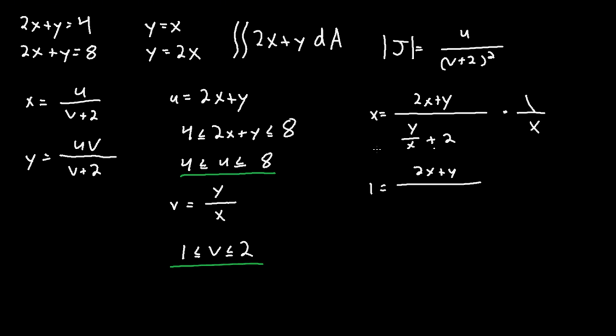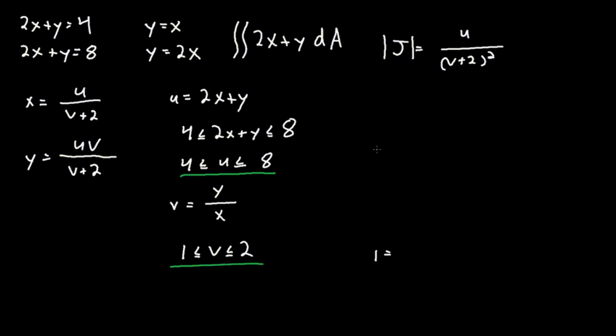If you divide by x on both sides, you also multiply by x at the bottom here. And if you multiply by x, this denominator cancels out. And you get x multiplied by 2, which is equal to 2x. And since these equations are equivalent, all this simplifies to 1. Therefore, this function is equal to x right here when you substitute u and v. So therefore, you know that you got the correct u and v values, and your bounds are right.